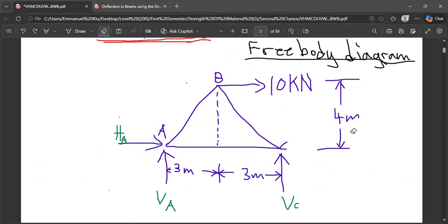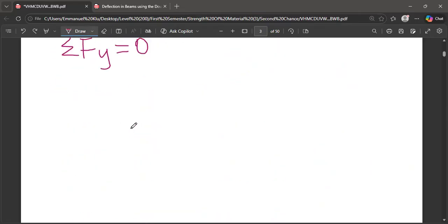And also, our vertical force at C is also going to multiply the whole of this. So it's going to be VC times 6. As you are seeing over here, let's go and put it down together and let's come back.